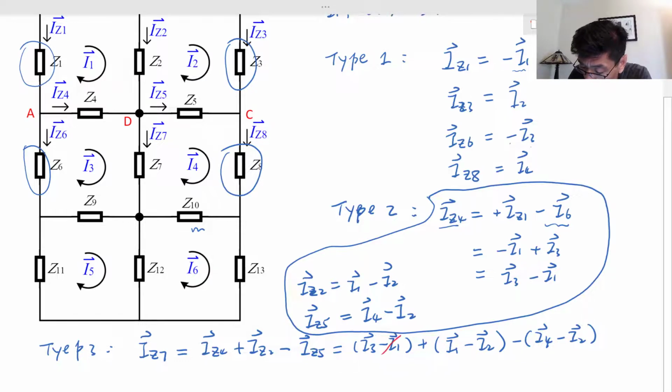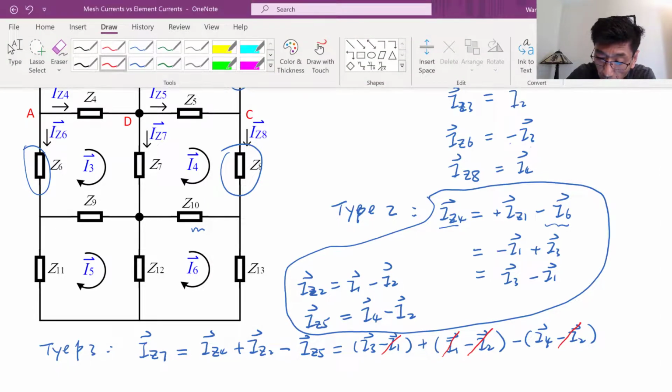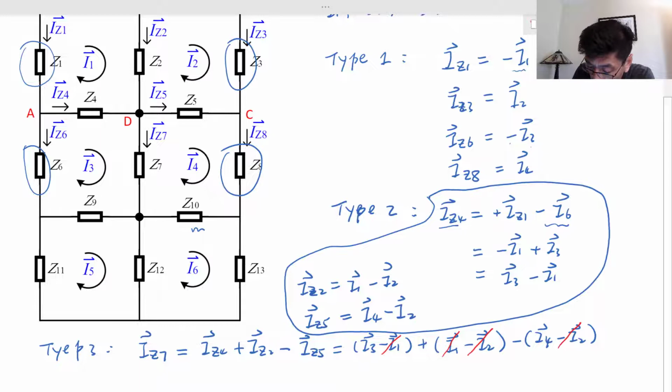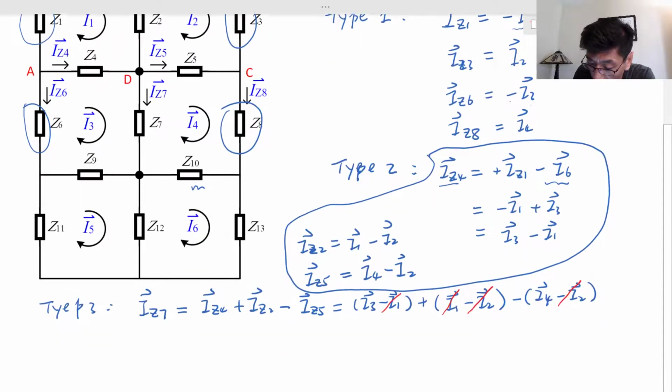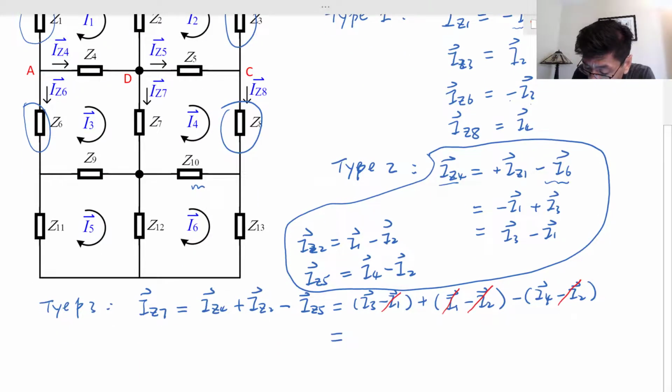So this is negative I1 and this is positive I1, those will be cancelled, right? And also this is negative I sub 2 and negative, so this will be cancelled. And what we are left with is I3 and minus I4, right? So let me change it back to the blue color I had. And in this case, I can move this up, and I would have I3 minus I4, right?